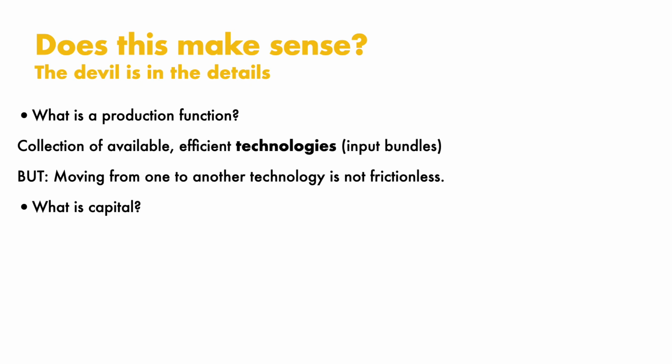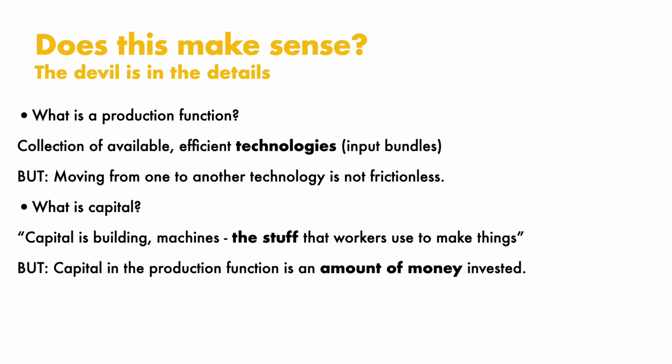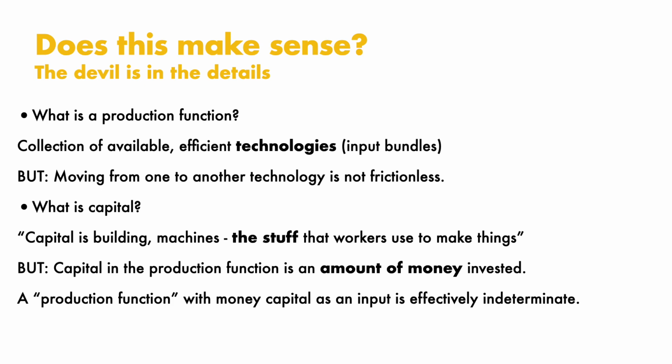Secondly, what is capital? Professor Gruber says it's buildings, machines, the stuff that workers use to make things. Okay, that makes sense. However, it's important to understand that capital is defined in the production function in terms of its monetary value. It is the amount of money spent on capital, not specific machines or buildings.